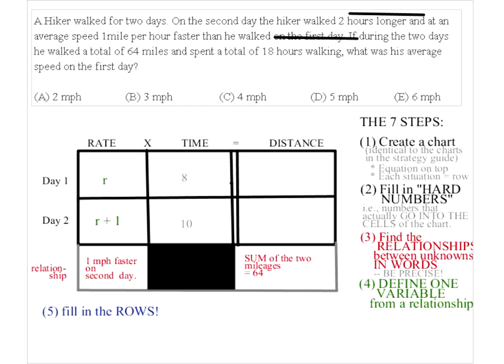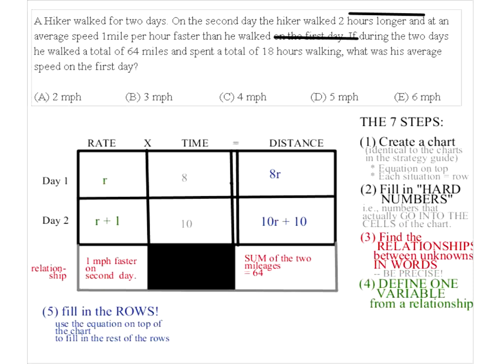So in this case, it's multiply. Use the equation on top of the chart to fill in the rest of the rows. So this is 8 times R, and this is 10R plus 10, because that's how these are. This times this is this, and that times that is that.